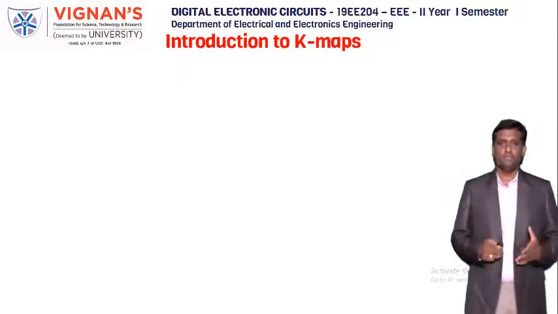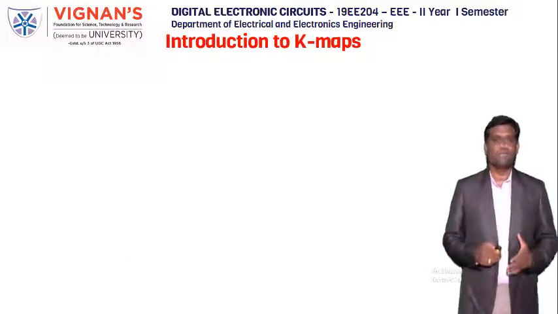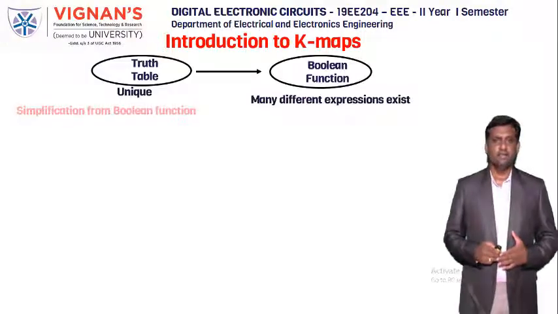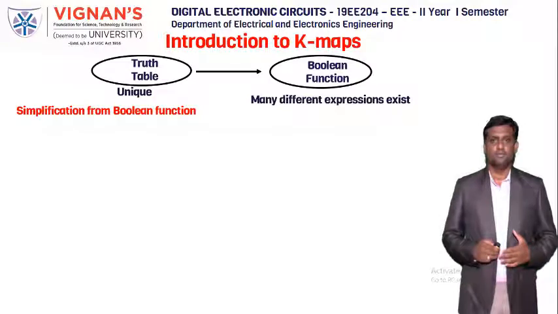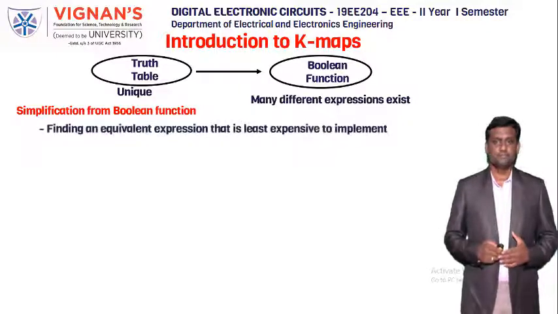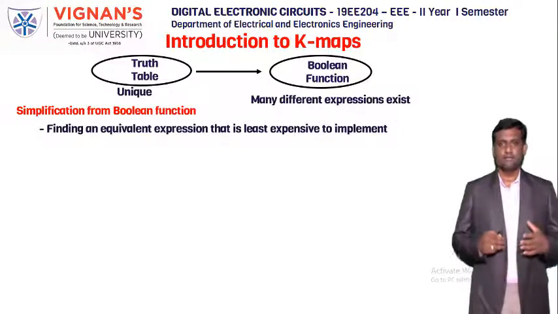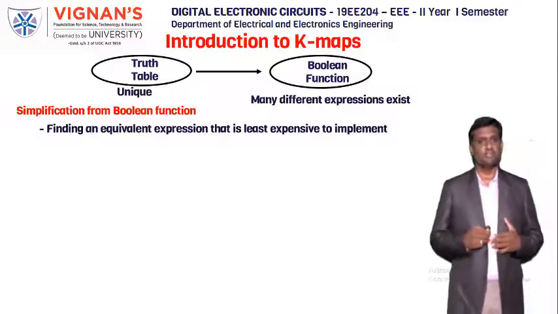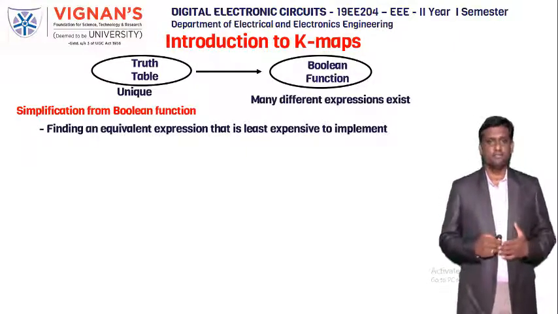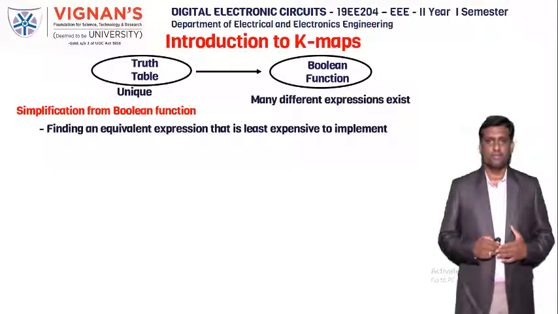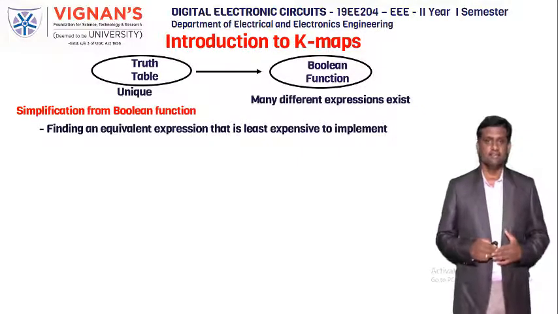Already I told you that simplification of Boolean function can be done with the help of Boolean algebra. If you use Boolean algebra for the simplification of Boolean function, there are some limitations which have been identified.